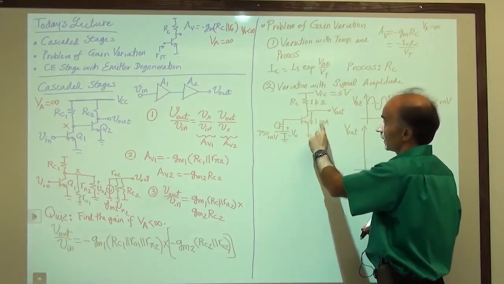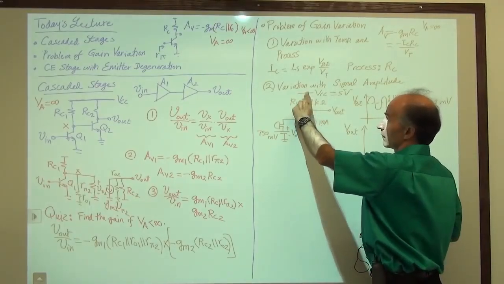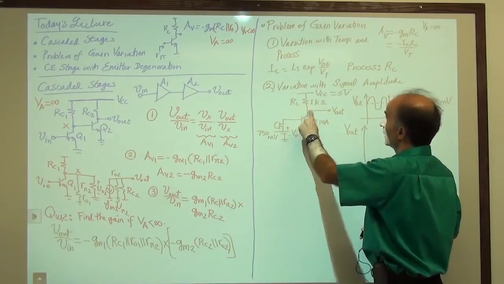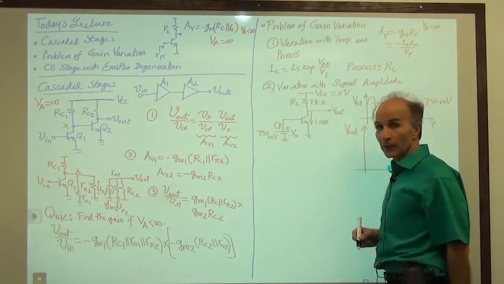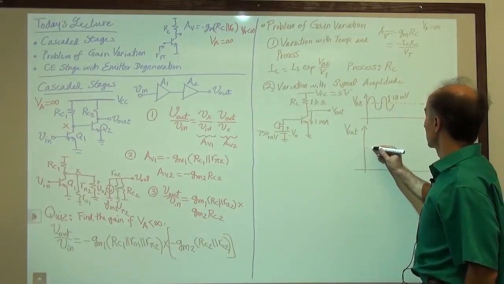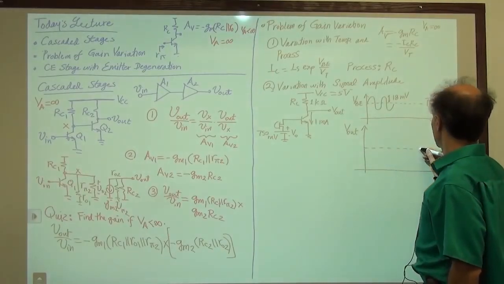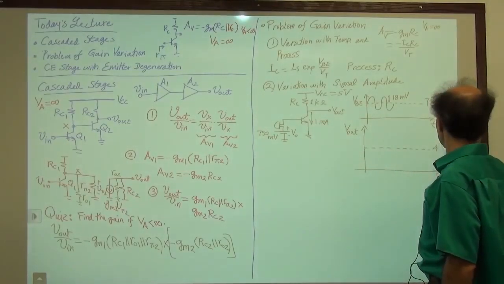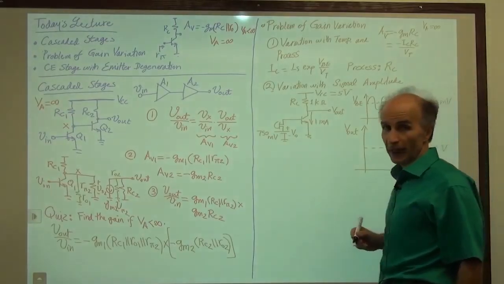RC is 1 kilo ohm, IC is 1 milliamp. There's a 1 volt drop from here to here. So in the absence of that, we have 4 volts. So here we have 4 volts in the absence of a signal.